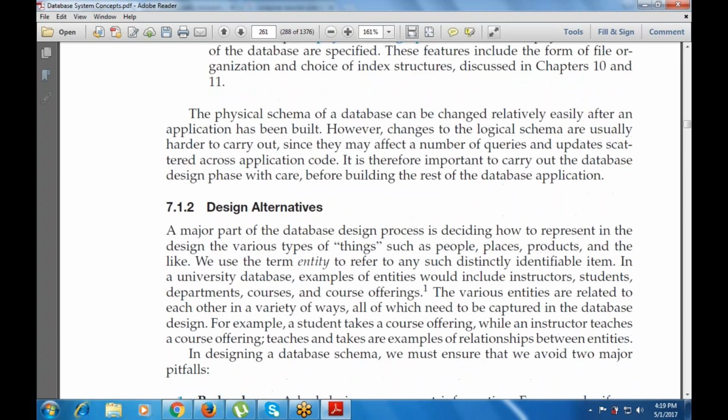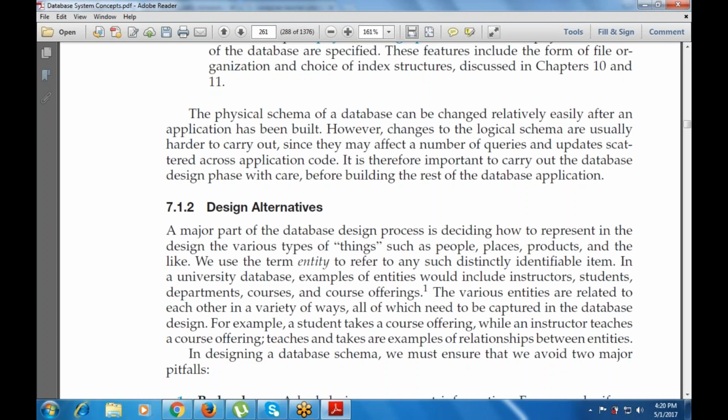The next topic is design alternatives. A major part of the database design process is deciding how to represent in the design the various types of things such as people, places, and products. We refer to them as entities. So any place, any person, any product is an entity.